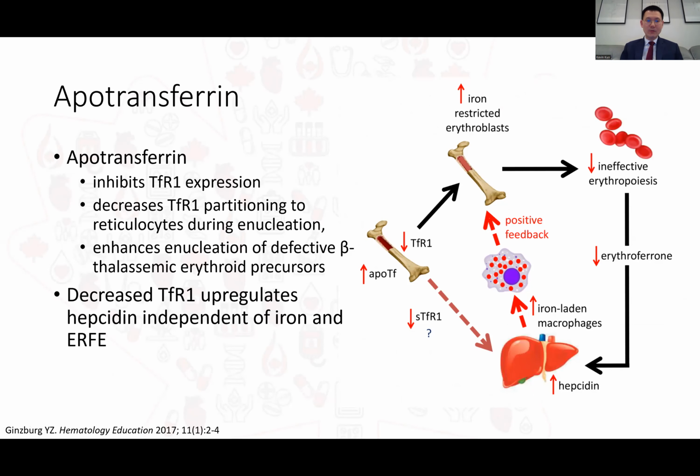Next, we move on to apotransferrin. As is shown on the right-hand diagram here, apotransferrin inhibits TFR1 expression and decreases TFR1 partitioning to reticulocytes during enucleation, and thus enhancing enucleation of defective beta thalassemic erythroid precursors.